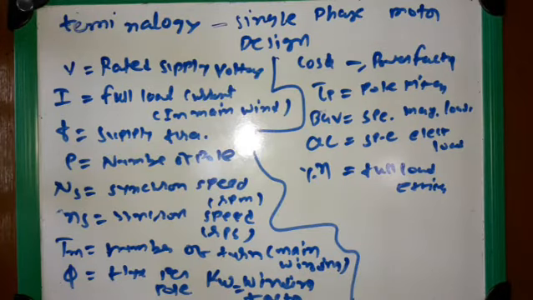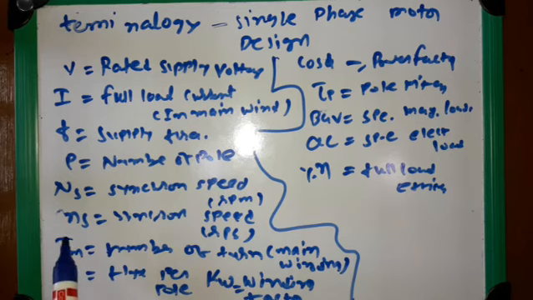There is some terminology used for single phase induction motor design. V is the rated supply voltage. I is the full load current for the main winding, also called the running winding. F is the supply frequency. P is the number of poles. Ns is the synchronous speed, which we find by 120F/P in RPM.